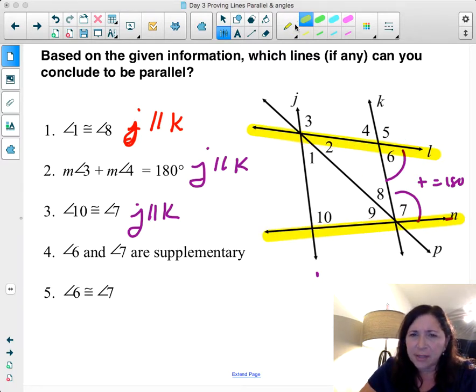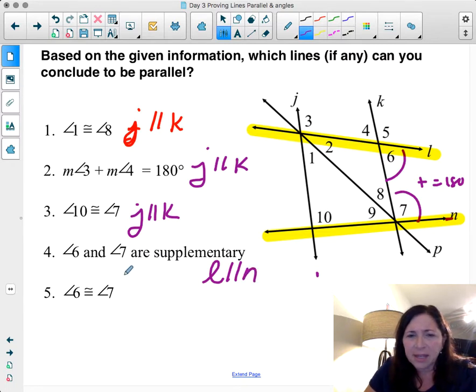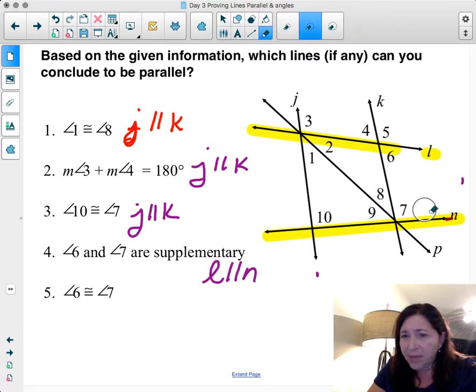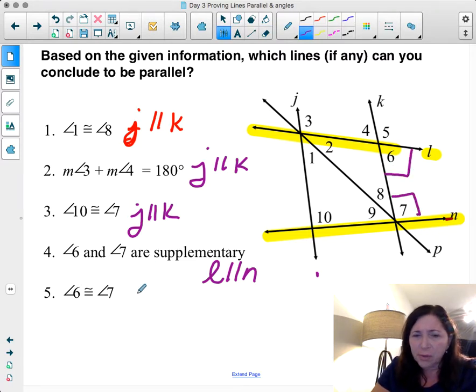So you would need to say that L for this problem is parallel to N. And lastly, for 6 to equal 7, if they're same side interior, they have to add to 180 degrees, so the only way they would be congruent is if they were perpendicular. So you would have to say that L is perpendicular to N.